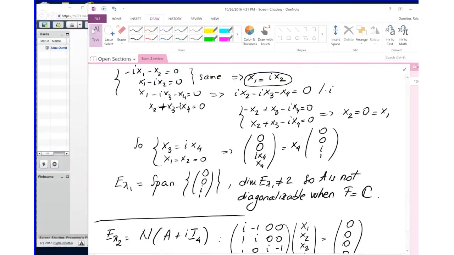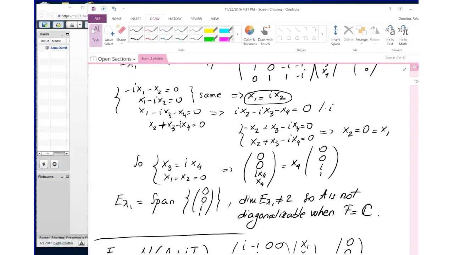So let me look at the one above, because I wrote everything about it. Here x1 and x2 were 0, and x4 was the only free variable, the one that could be anything. So it turned out that the dimension of E lambda 1 was 1. And this null space will always have the dimension equal to the number of free variables.